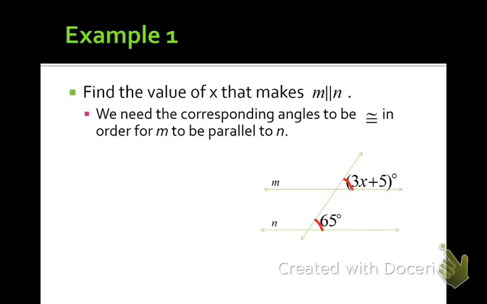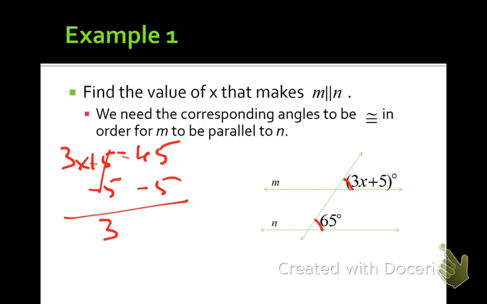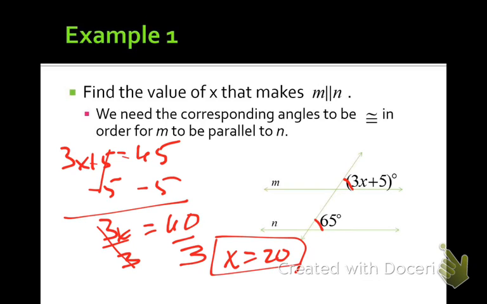Well, if they're going to be congruent, then we know that 3x plus 5 and 65 have to be equal. And so we just set them equal to each other. Go solve. And realize that x would have to be 20 in order for lines M and N to be parallel.